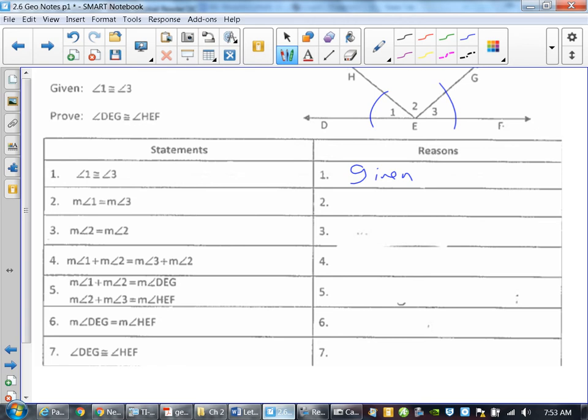Now, remember, definition of congruency works when you have to switch from congruent to equal or equal to congruent. Because, and that's what we talked a lot about the past couple days, anytime that you have math, adding, subtracting, multiplying, dividing, it always has to be an equal. It's not within congruent. That's the reason why we have that step. So this is your definition, congruent. You don't need to write out the word. Symbols are fine.